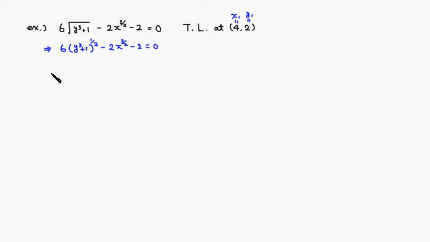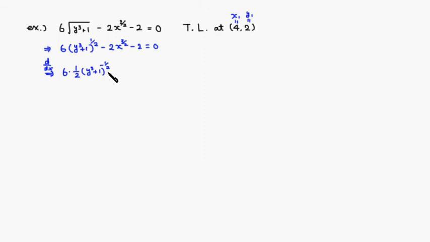So let's take the derivative with respect to x. 6 is just a constant multiple, so put the 6 in front. Then we use the power rule, so put 1/2 in front, keep the same quantity y cubed plus 1, then subtract 1 from the power, so it's the negative 1/2 power.